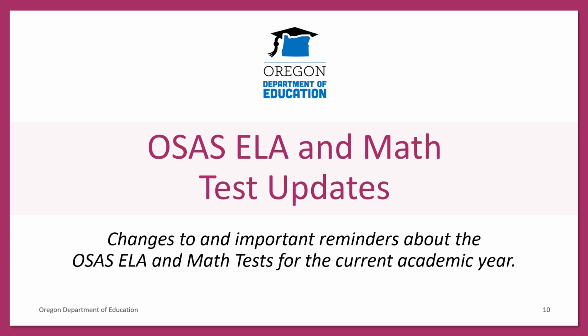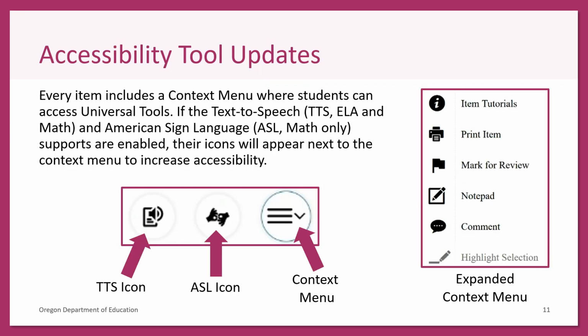Topic 2, OSAS, ELA, and Math Test Updates. By the end of this section, test administrators should be able to describe the updates to the OSAS, ELA, and math tests for the current school year. Beginning in the 2024-25 school year, students who utilize the text-to-speech or American Sign Language supports will notice that the icons which activate these supports are now available outside the context menu within an item.